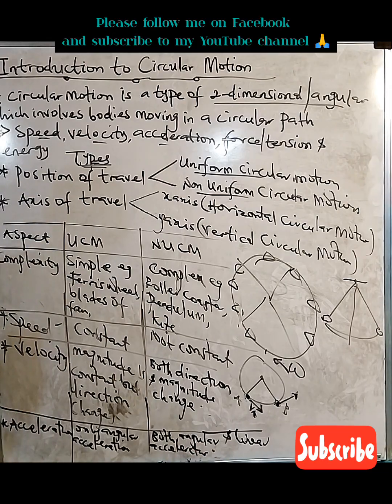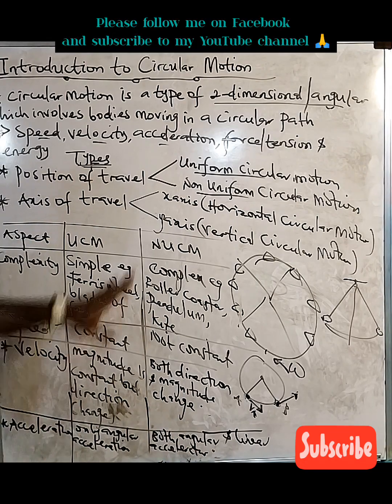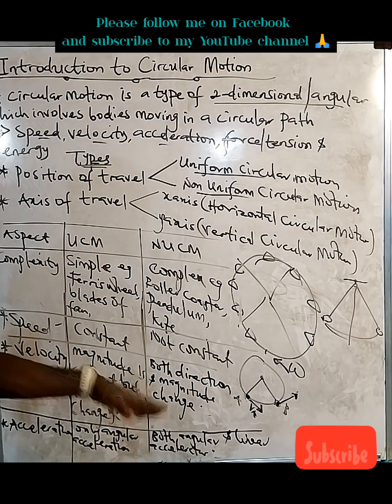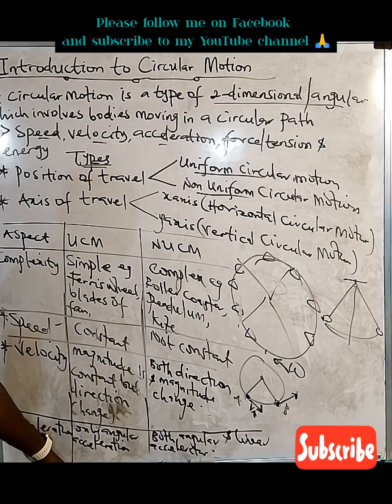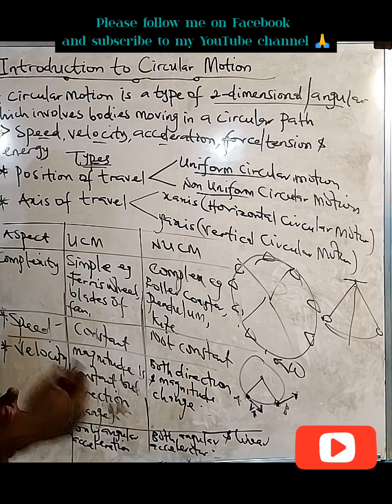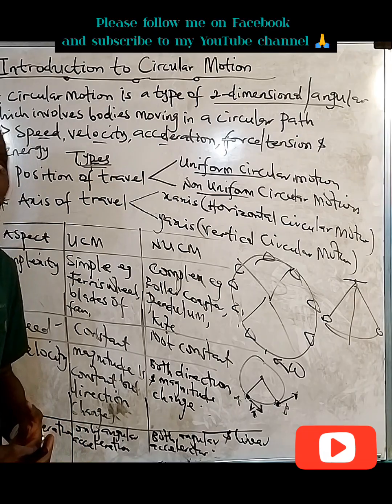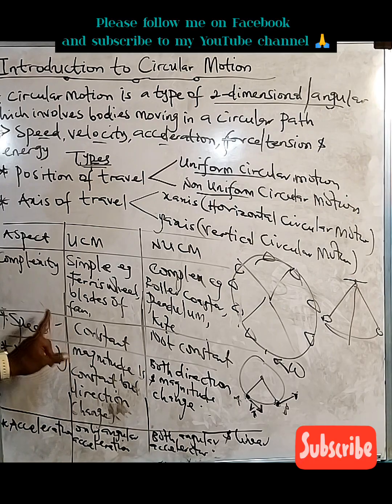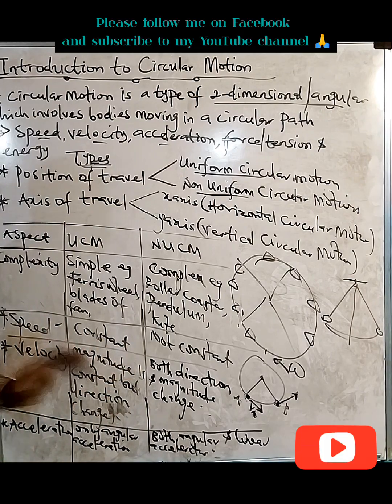Linear is written as tangential acceleration. That's what we have for this portion. Now, for non-uniform circular motion, we have both of them: angular acceleration and linear or tangential acceleration. This one has only angular acceleration because it is only velocity, and this velocity could either be angular velocity or linear velocity. So that's just that. The speed here is constant. Speed here does not change really.